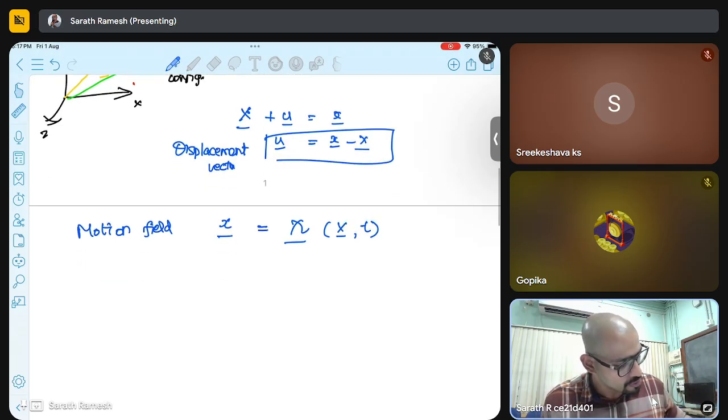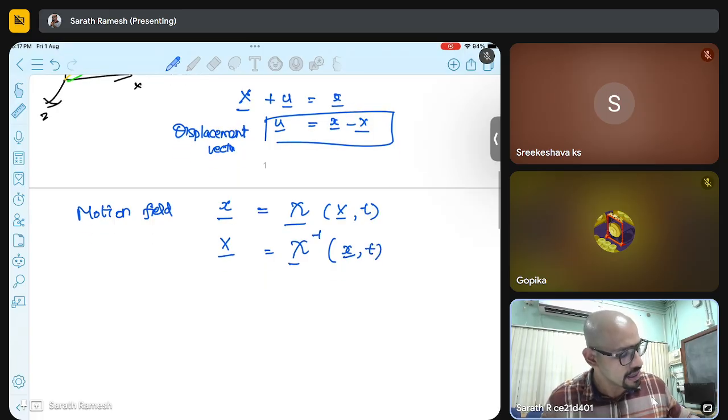Suppose I want to write in terms of small x and t, we can also write capital X as psi inverse of small x comma t. This we say is the material representation, and this we say is the spatial representation.